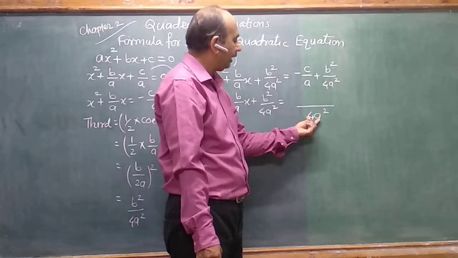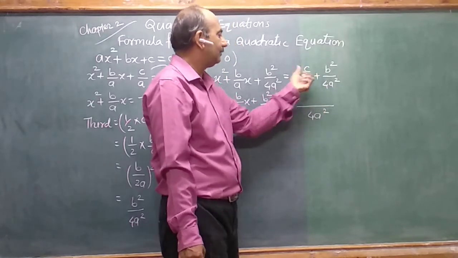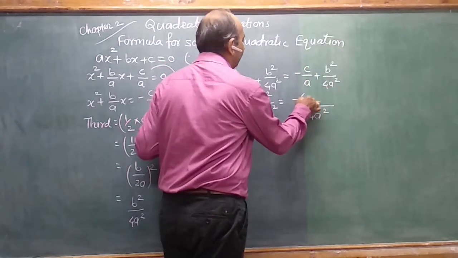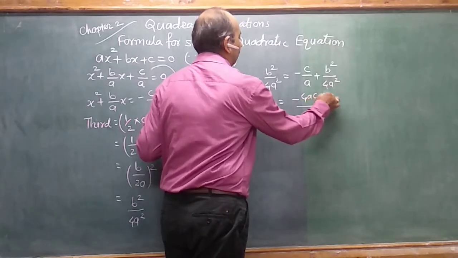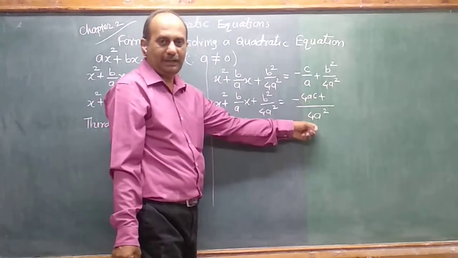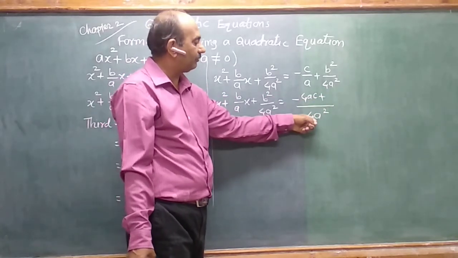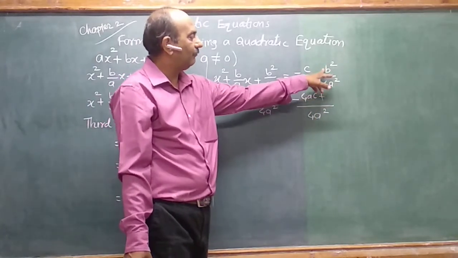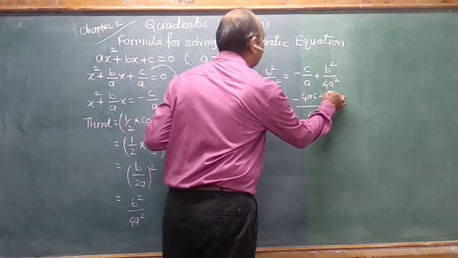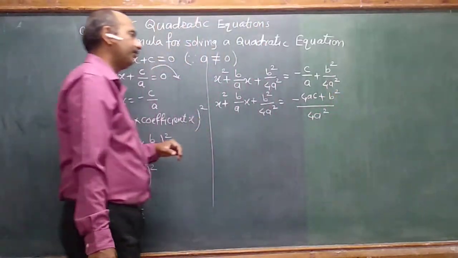Multiply this 4a with minus c, so you will get minus 4ac, plus the denominator of this one is 4a square and the LCM is also 4a square. So no need of multiplying with this b square. So this is equal to b square.